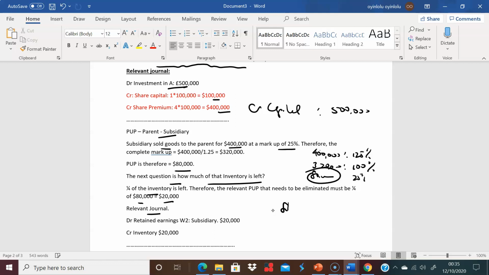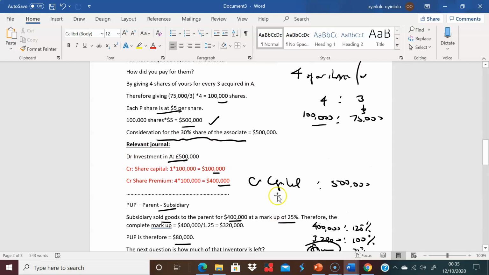Therefore, the relevant journal to deal with this, of course, is to remember it was the subsidiary who sold this inventory. So they are the ones with the retained earnings. So we need to deduct the 20,000 from the subsidiary and credit inventory, and subtract 20 on the face of the statement of financial position, because we're crediting inventory.